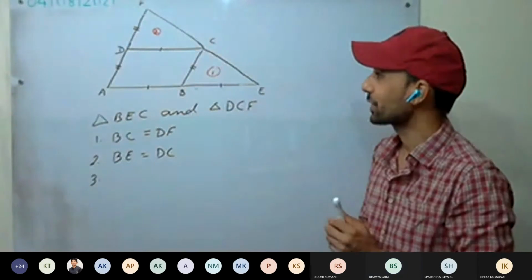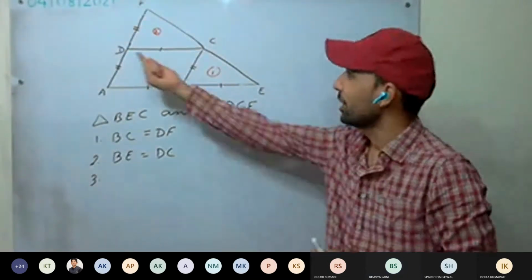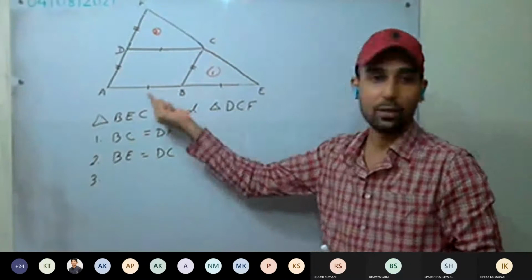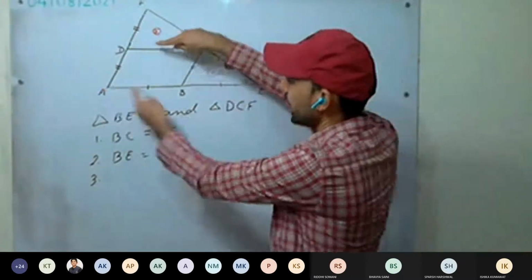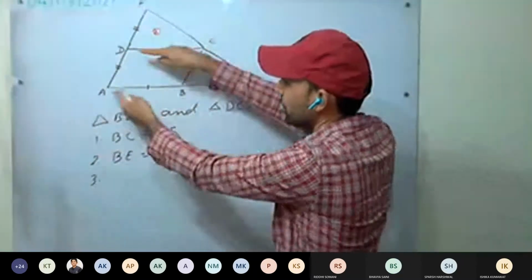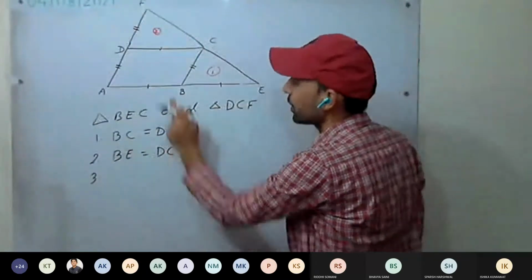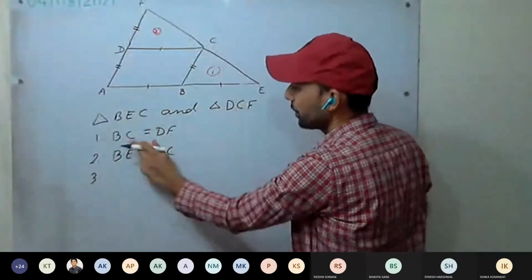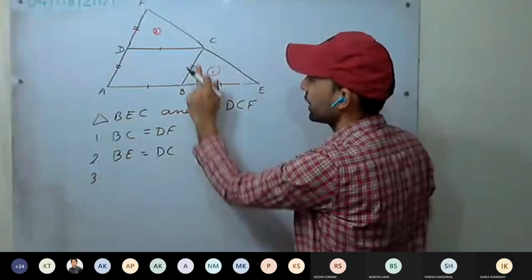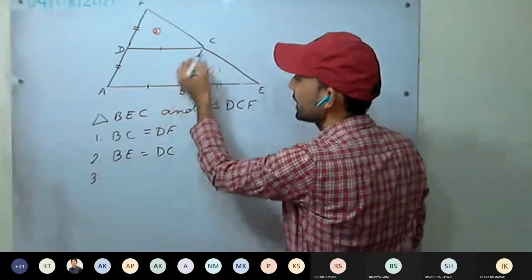See here, it is a parallelogram. It means opposite sides are parallel. First we are proving BC equal to DF. Where is BC? BC equal to DF.